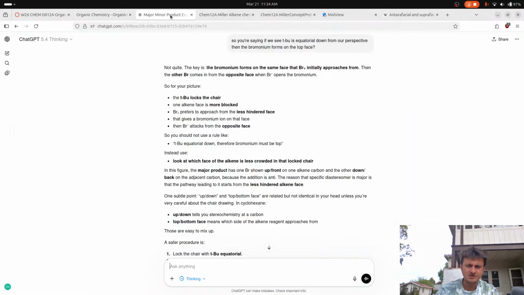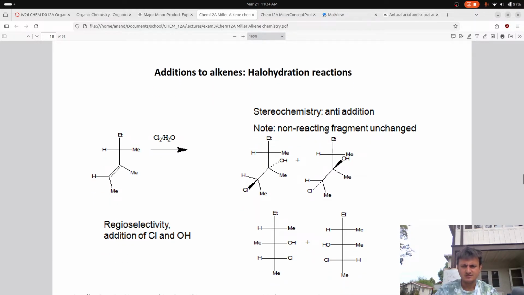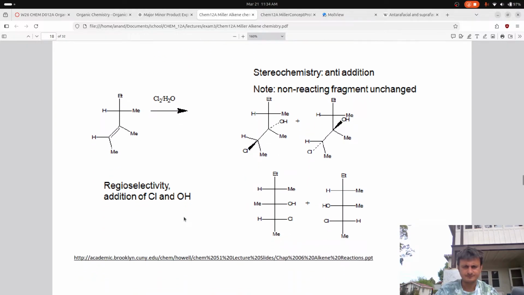They don't tell you how much, but they tell you, hey, this could happen. Non-reacting fragment unchanged. We have regioselectivity, meaning that it's more likely that the OH or the Cl is going to add here. What is the major product? The OH adds there. And why is that? That's kind of interesting. Why is that?